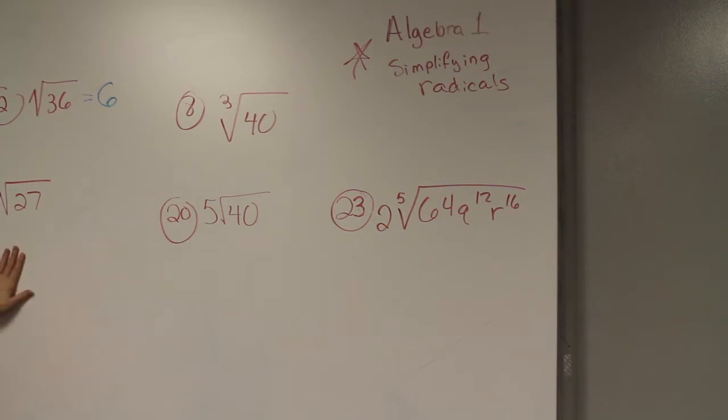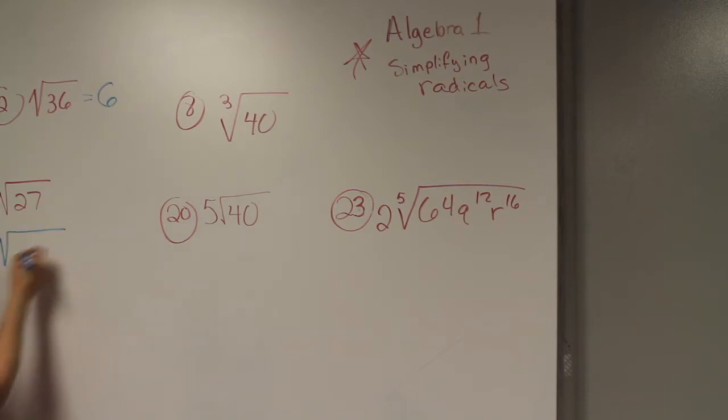But when I get to a problem like the square root of 27, there is not a perfect square root of 27. 5 times 5 is 25, and 6 times 6 is 36, and it falls in between there, okay? So what I can do is break this down into factors that multiply to 27.